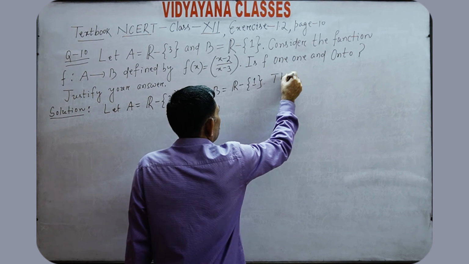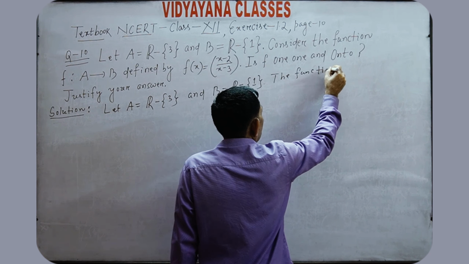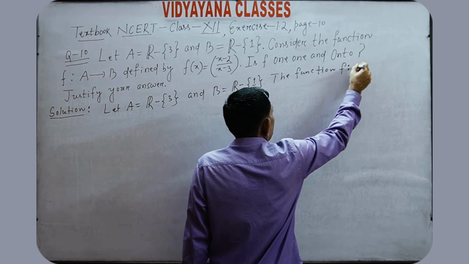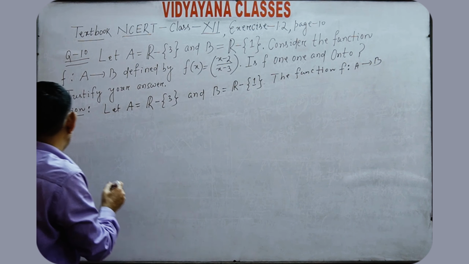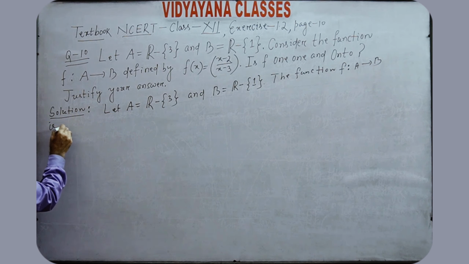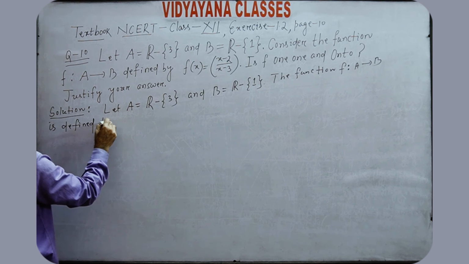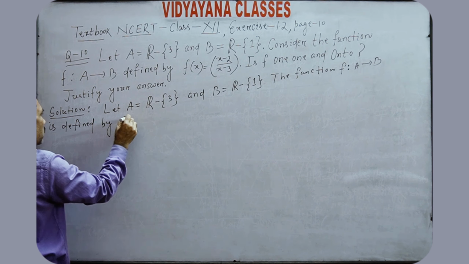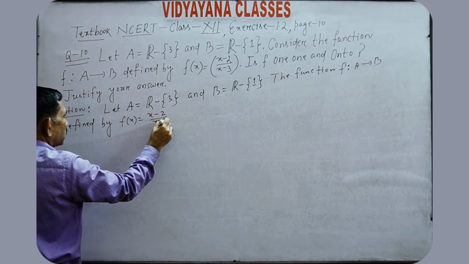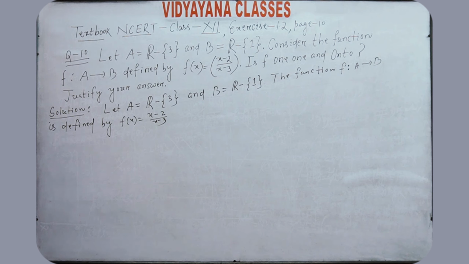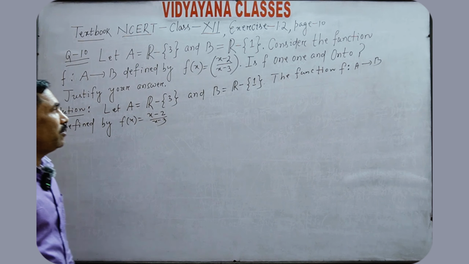The function f from A to B is defined by f(x) = (x minus 2) divided by (x minus 3). We have to test whether the function is 1-1 and onto.